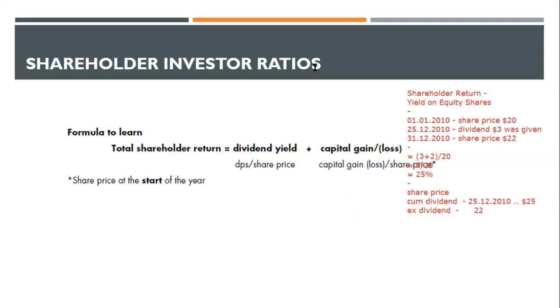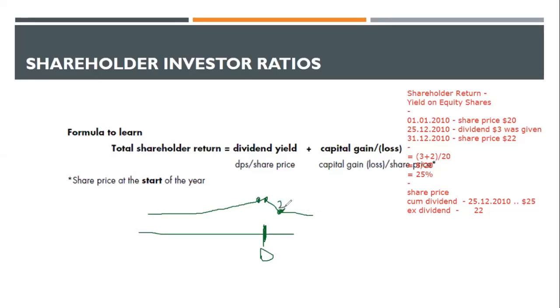As the time of dividend is coming close, we know this is the time when dividend will be given. So the share price starts increasing gradually because it is adding up dividend. And when the dividend of $3 was given, the share price will fall down again. So this is called ex dividend and this is called cum dividend.